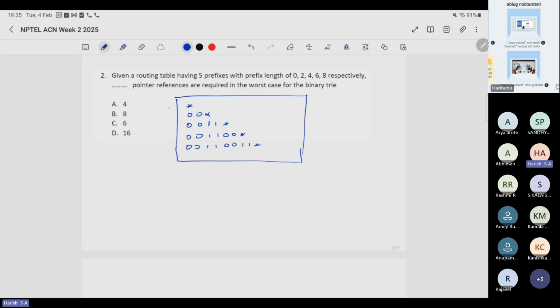So let's say these are P1, P2, P3, P4, P5. So it's something like this. Imagine if this is the case. I mean, it is not exactly the case.